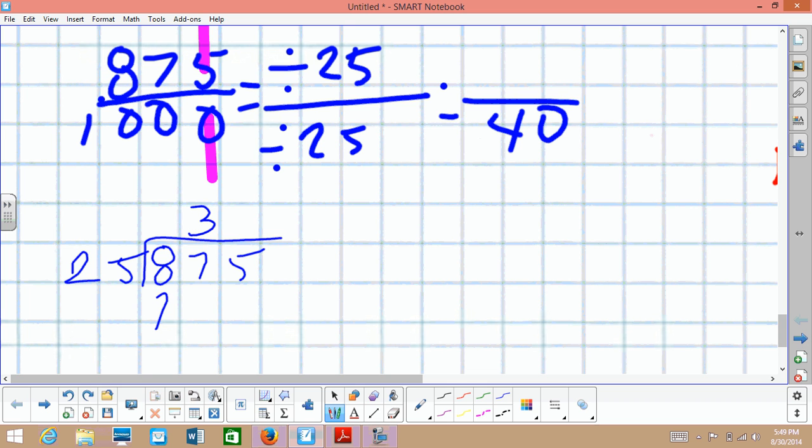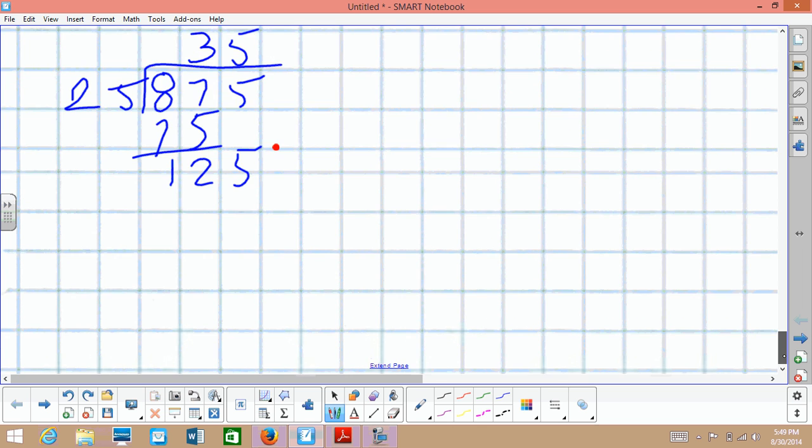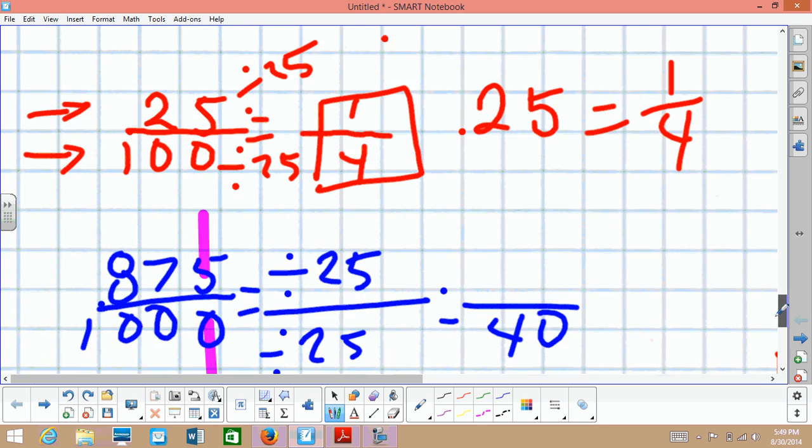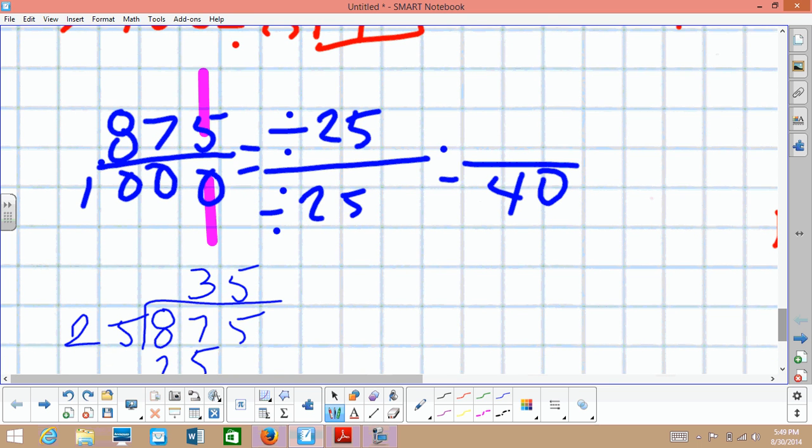That gives me 75. And then you get 12, and you bring down the 5. 25 goes into 125 5 times. 25 times 5 is actually 125, so that gives me 0. So when you simplify that one by 25, you get 35 right here.